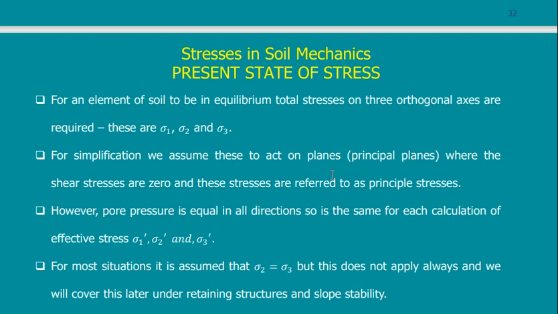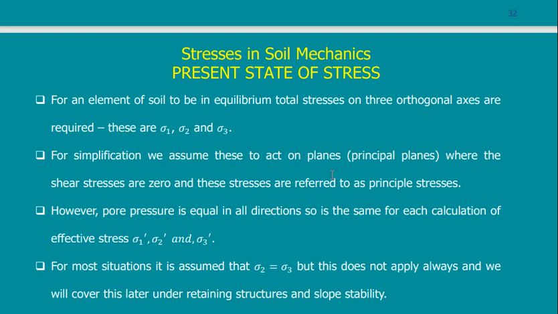So usually, we take two perpendicular directions. So we say that we have sigma 1 vertical, sigma 2 horizontal in any direction, sigma 3 horizontal in the perpendicular direction to sigma 2. This will cover all the stresses in the soil.